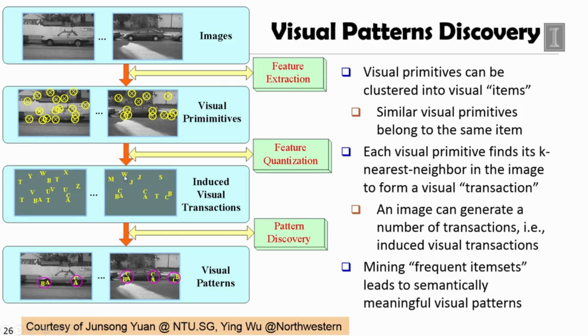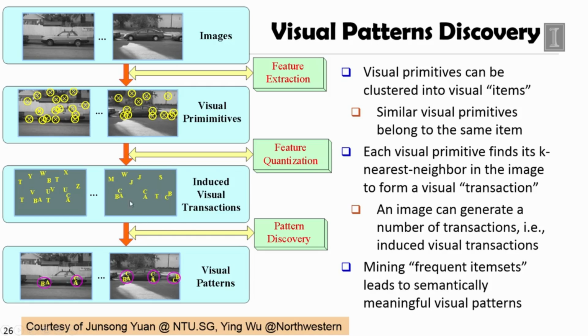Then each visual primitive, based on the k-nearest neighbors, can form small clusters, and those we usually call a transaction. For example, you may find these three visual primitives form a transaction like CBA. An image may have many transactions.